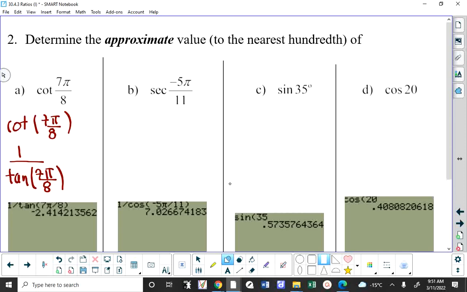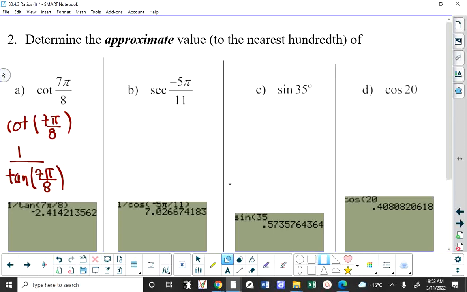That's because you're still in degree mode. And if you look at the number 20, this is dirty, what we used to call dirty pool, cheating. Somebody's cheating behind your back. There's no degree symbol. So that means you have to be in radians. You have to switch over to radians and then go cos of 20.